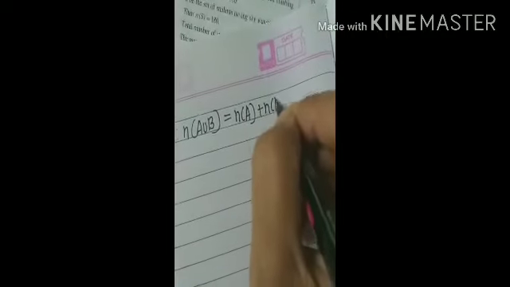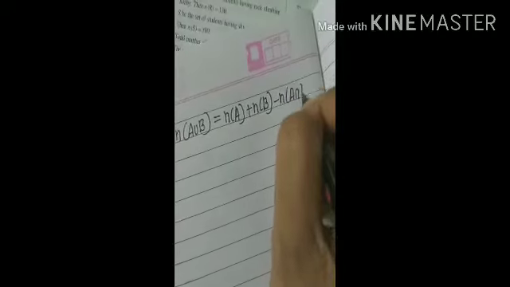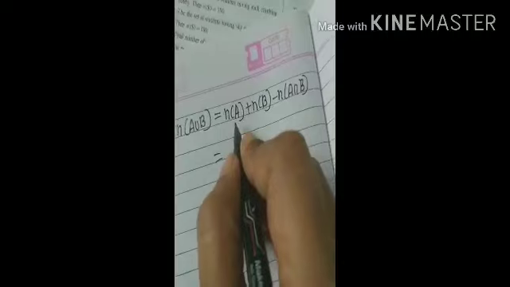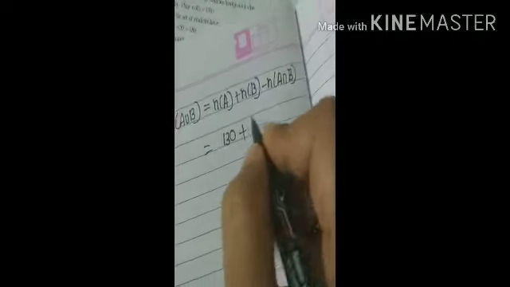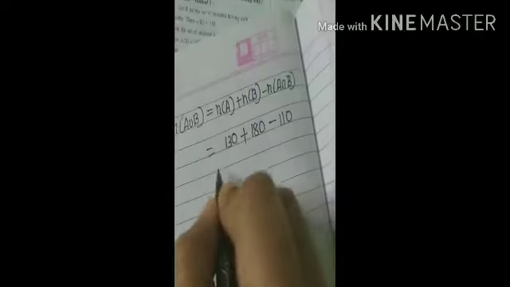Now, we apply the formula. Therefore, n(A ∪ B) = n(A) + n(B) − n(A ∩ B). Now, A is given 130 plus B is given 180, intersection is given 110.